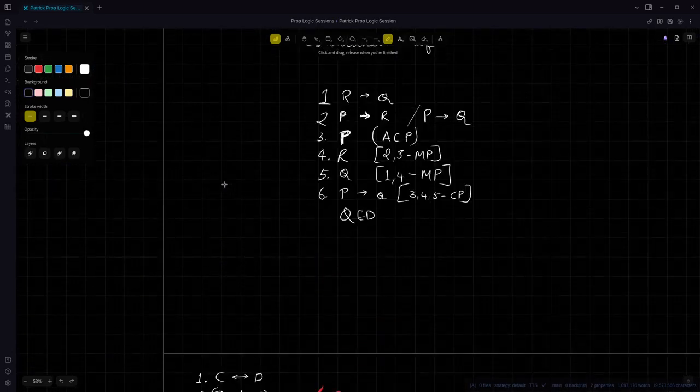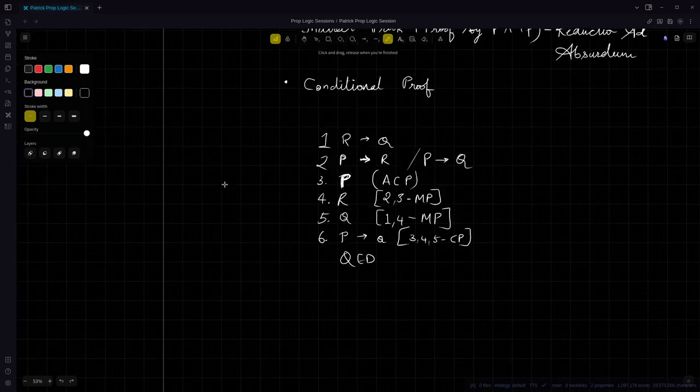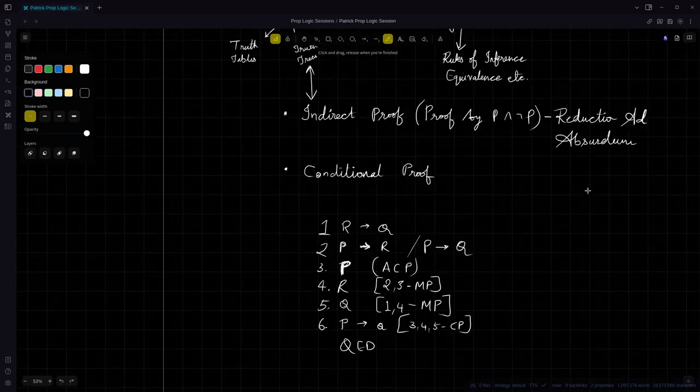But yeah, conditional proof. Just to recap, it's when you assume the antecedent and you try to reach the consequent. But it doesn't have to be just one. You can have multiple assumptions in the proof.